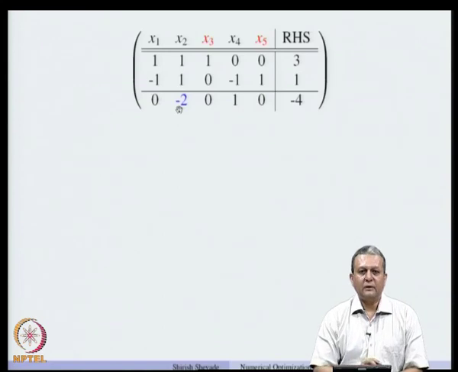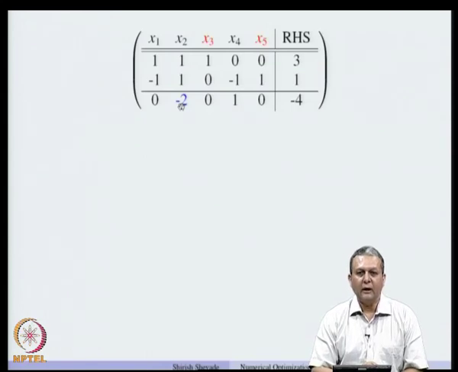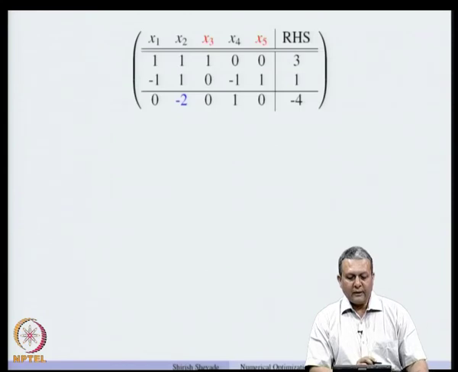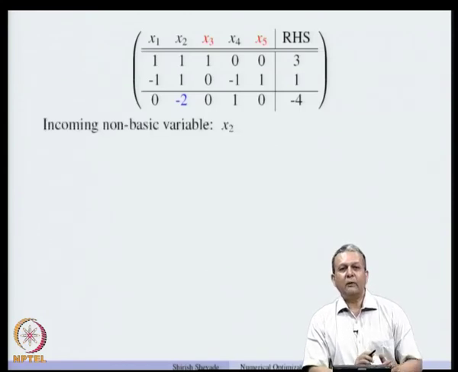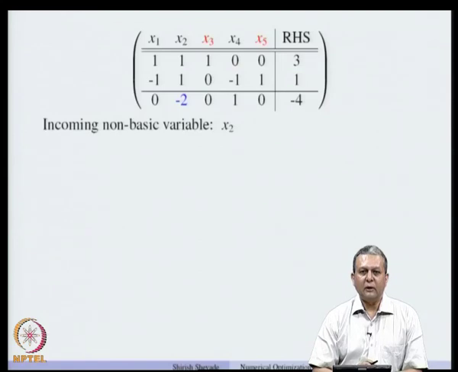This is shown by this blue mark here, that this cost is negative and x2 becomes a candidate to become a basic variable. Once x2 becomes a candidate, we need to find out which is the outgoing basic variable, or which basic variable can become non-basic, and that depends on the ratio test.